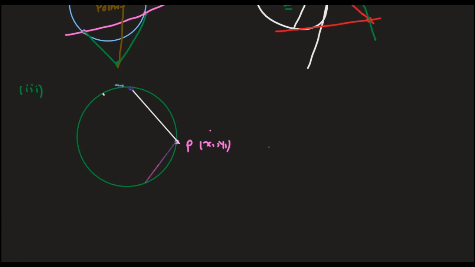The tangent at this point looks like this. And now if you draw the tangent here at this point, it will look like this. Now if I draw the tangents at the point P, then what will happen?